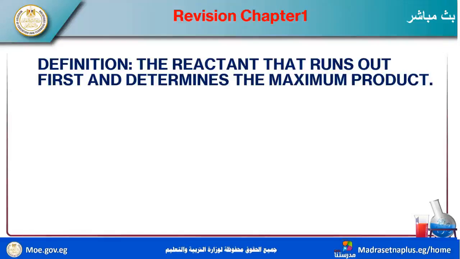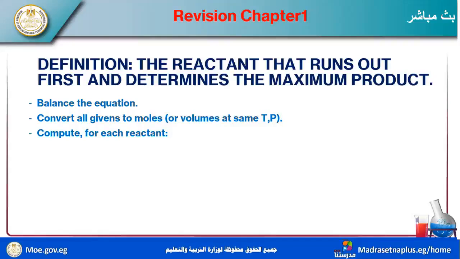We have the reactant that runs out first and determines the maximum products. Now, you must know, firstly, you must write the equation. When you write it well, you must balance this equation. Convert all givens to moles, to volume, to molar mass, to anything you want according to the question.